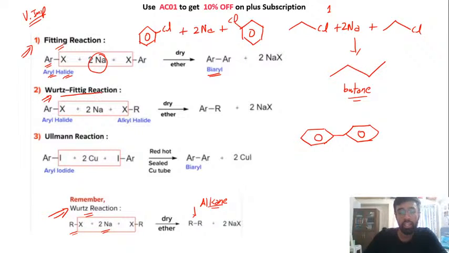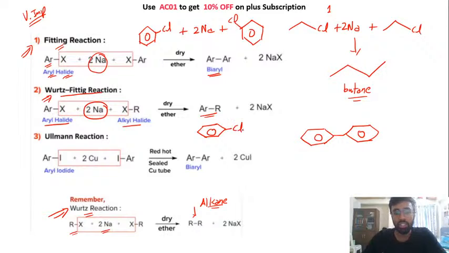In the Wurtz-Fittig reaction, what is happening is we are taking an aryl halide and we are taking an alkyl halide. If you take any of these reagents and react with sodium, you get this type of product. The mechanism is the same in all of these reactions.